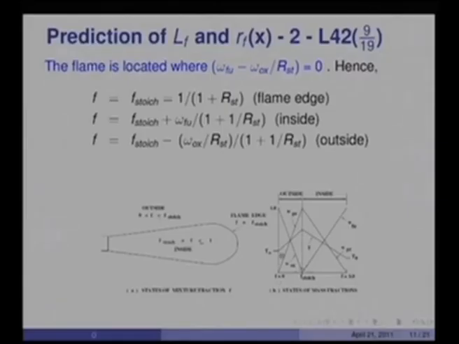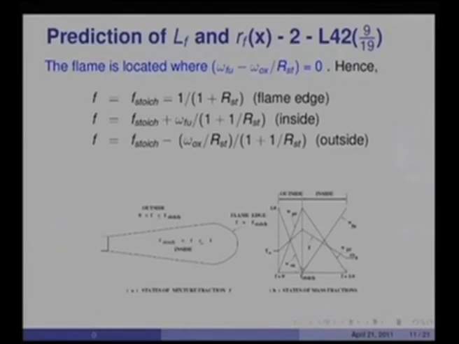You will see that on the outside of the flame, this is the variation of oxygen up to F_stoich. At the flame front, the oxygen disappears. So, outside the flame there is oxygen, but it will disappear at F_stoich. The fuel on the inside would go on decreasing from the center line to the edge of the flame. The product would go on increasing up to the flame edge and then would decrease. The temperature would be T infinity on the outside, will increase to T at F_stoich, and then would again decrease.